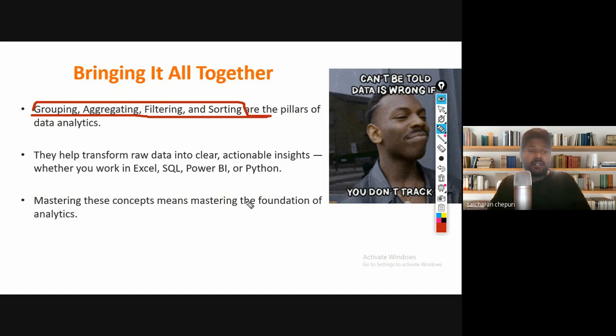I have observed that many times in my personal journey. That is why I'm bringing these topics to people, to make sure they don't miss out on the basics, because these are the important things. If you understand these basics, you'll be able to understand more complex functionalities and concepts easily. These are the basic building blocks in data analytics.